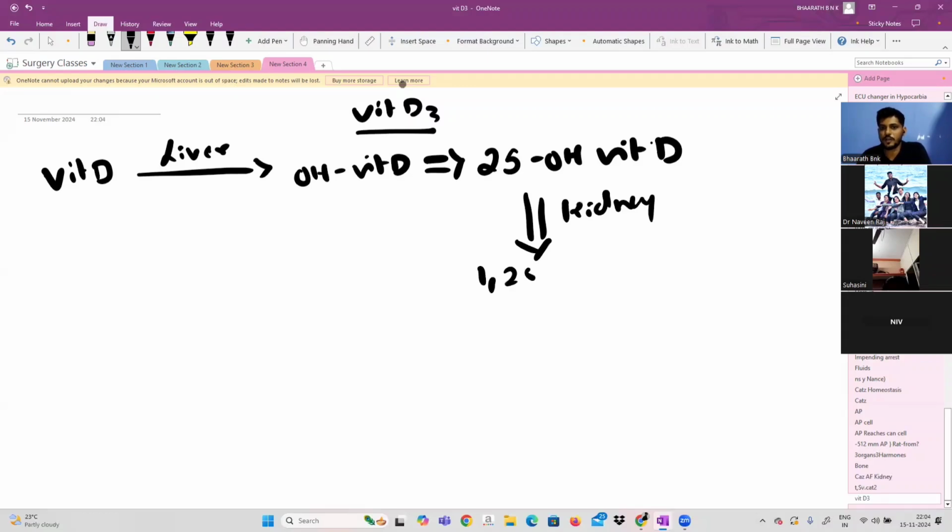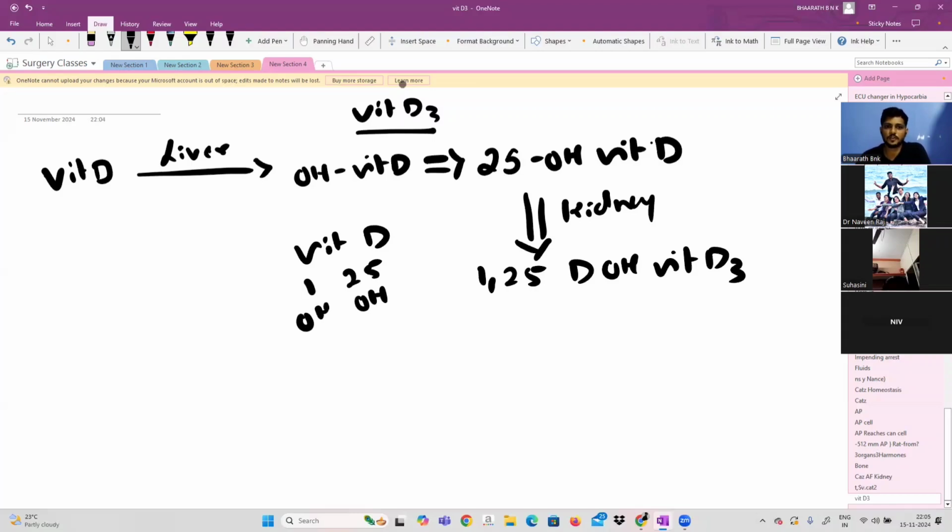So it becomes 1,25-dihydroxy vitamin D3. So there was vitamin D, at the 25 position the liver added a hydroxyl group, at the 1 position the kidney added a hydroxyl group. So it became 1,25-dihydroxy vitamin D3.